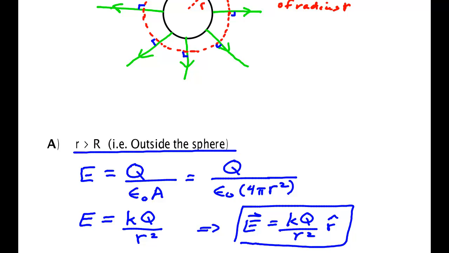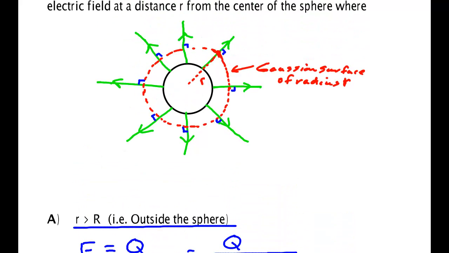Now let's assume that we're going to be inside the charge. If we're inside the charge in here, and so this is our r, and it's less than big R, then we're only going to enclose a fraction of the total Q. So we do exactly the same thing, but when we calculate the Q on top here, it's not all the Q, it's the fraction of the Q that's inside.